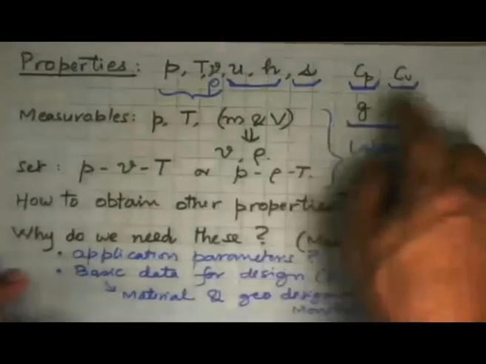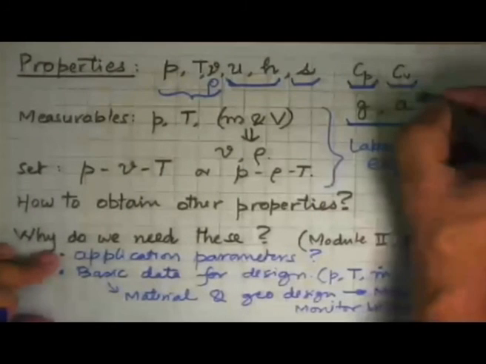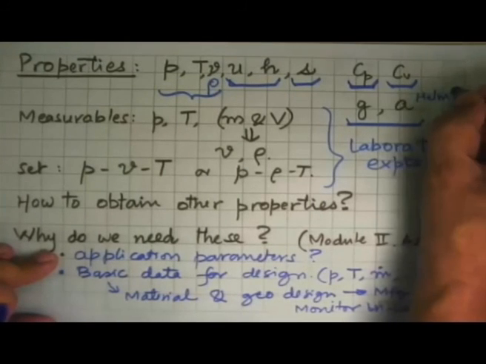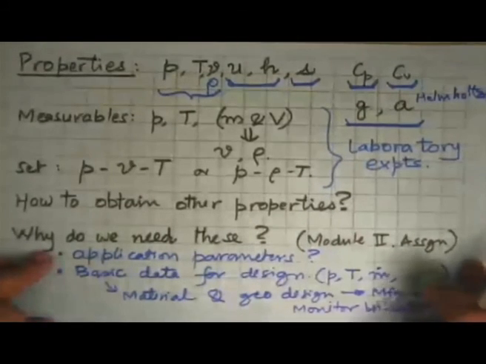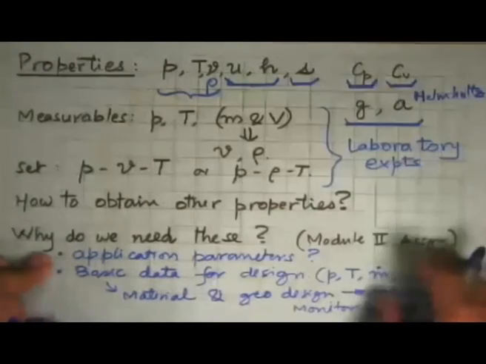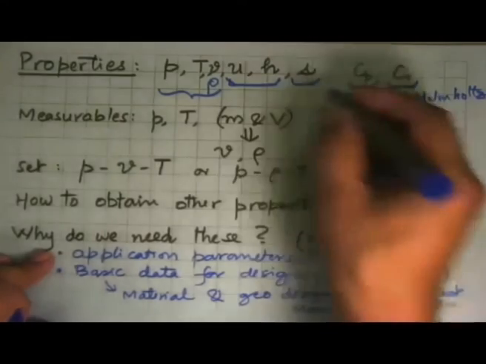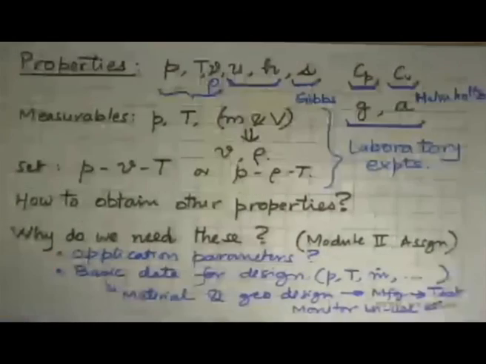So that's the reason for introducing the Helmholtz energy. So a is called Helmholtz energy, Helmholtz free energy, or Helmholtz function, and you might have come across these in a course in physics or in chemistry. And g is the Gibbs energy or the Gibbs free energy.